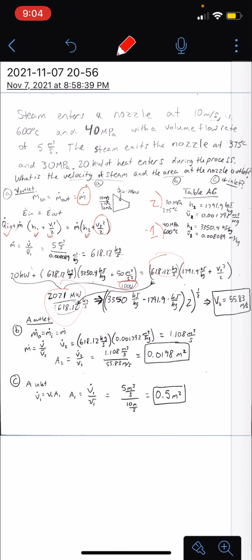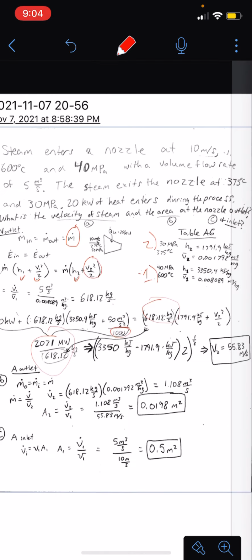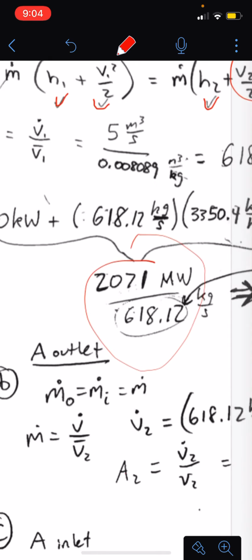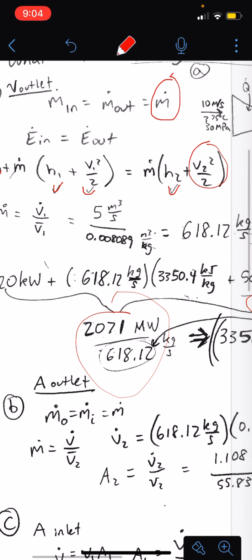And now we need to find the area at the nozzle outlet, as well as the inlet. So for the area of the nozzle outlet, we have our mass flow rate, and to find area, we are going to need the volume flow rate. We know that our mass flow rate is the same at the inlet as it is at the outlet.